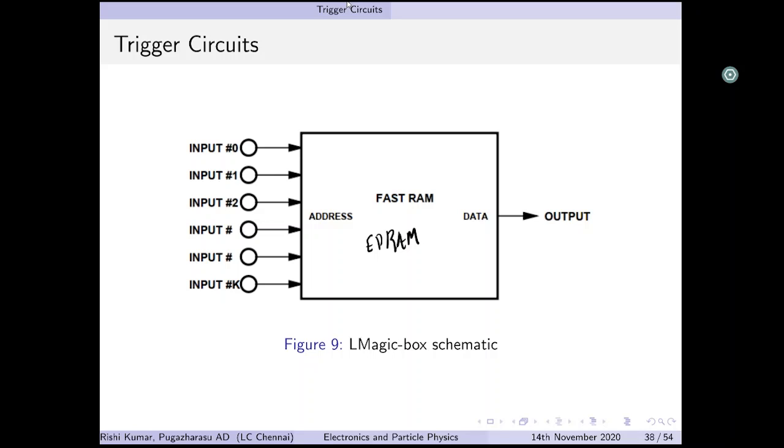The rest of the addresses are set at 0. The required combinations for the trigger can be done by pre-computing and storing the RAM content, depending on how you want the coincidences set up. It can be done before the experiment is run, and it's not done when you're manufacturing it, unlike the previous case.